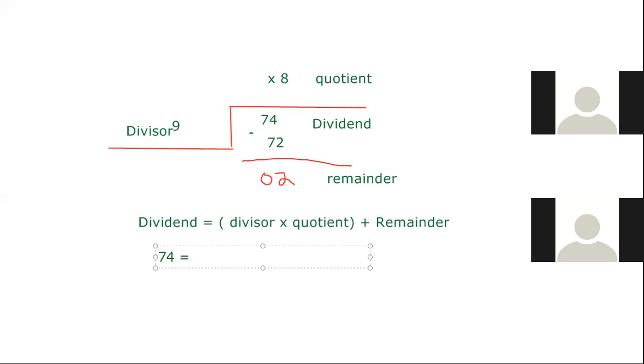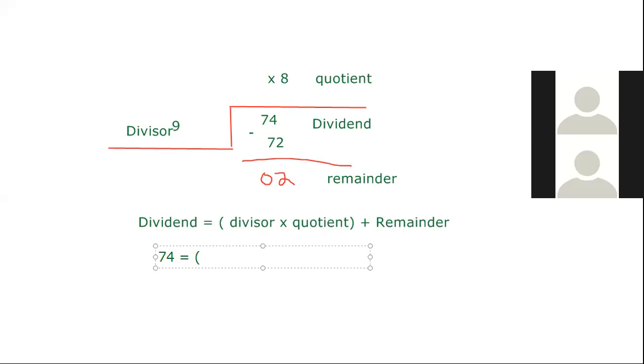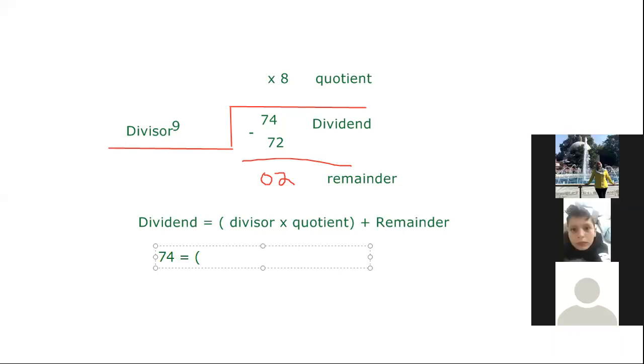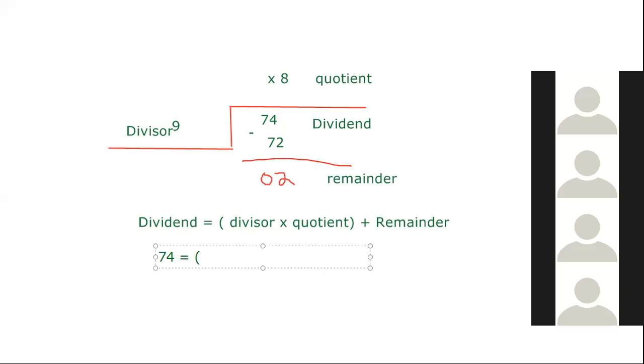We open a bracket. What's the divisor? Divisor, Miss. Hussein Aseili, equal. Amir, 9 times 8.